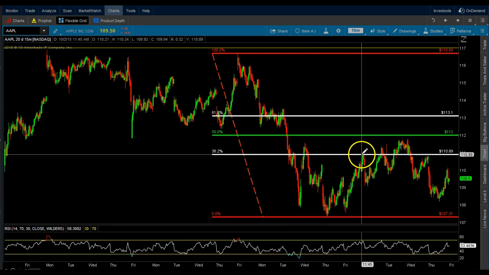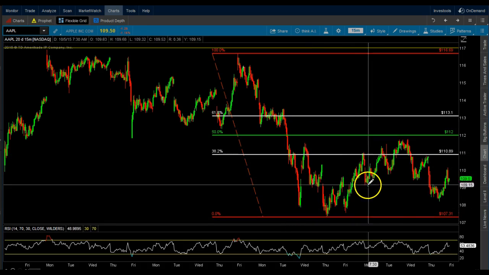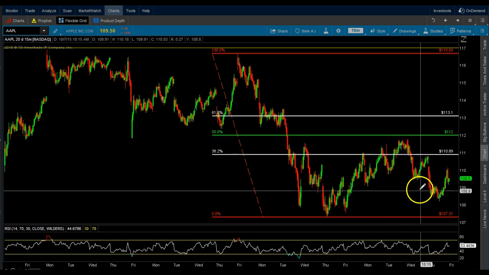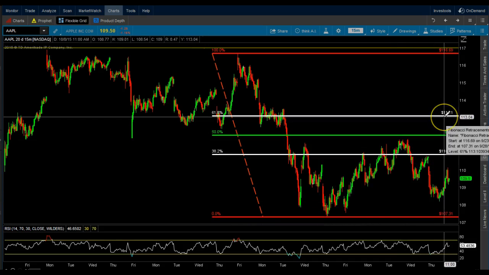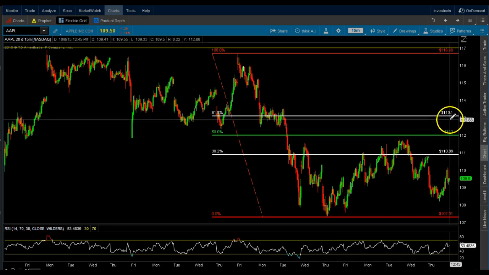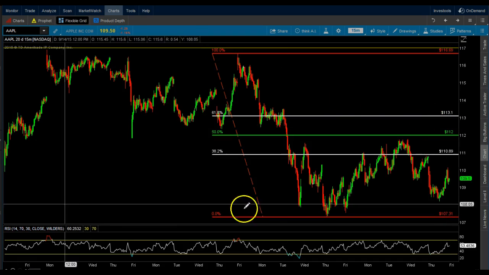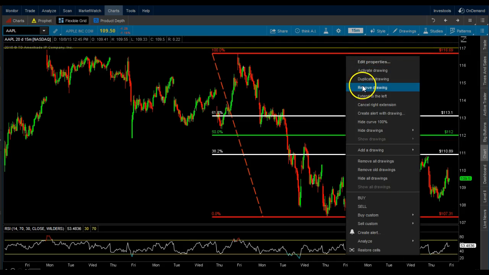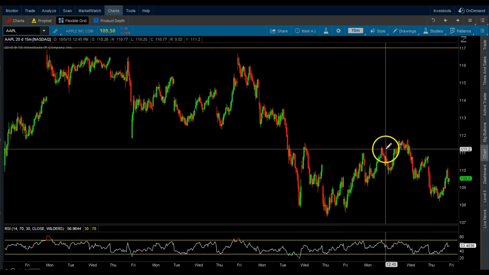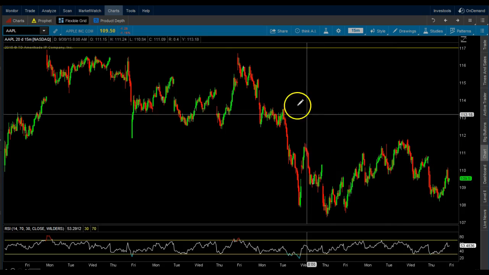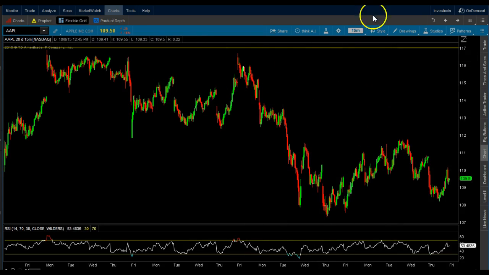We see price bounce. We get to 38, we fail. Get to 50, we fail, right? If we get up to the 61%, what do you think will happen? Sellers will step in more than likely. Okay, so Fibonacci's are a great way for figuring out where potential targets could be.